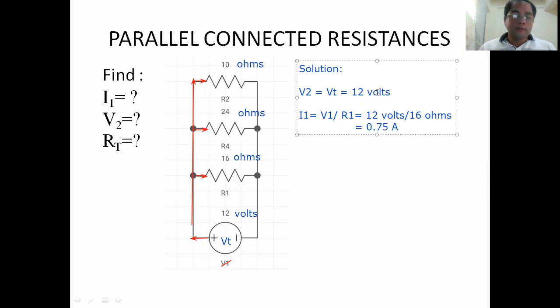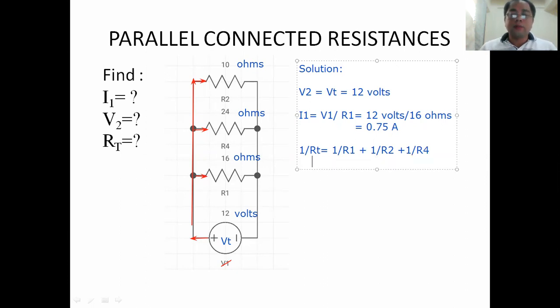Now the last value is the total resistance. We can get that by getting the reciprocal value. So we have our reciprocal value there, with three values: R1, R2, and R4.